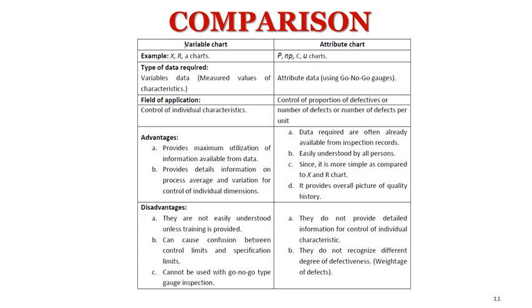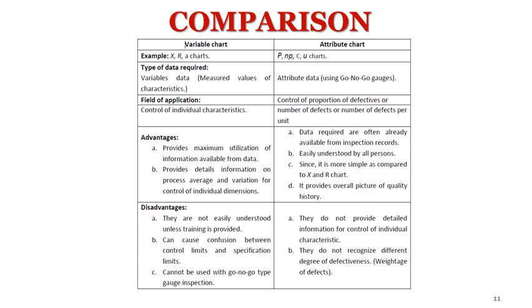If you want a comparison of control charts for variables and control charts for attributes: commonly used control charts for variables are the X chart and R chart. Examples for attribute charts are the C chart or P chart. The type of data required for variable charts is variable data, like length, height, diameter, etc. For attribute charts, it is attribute data like go, no go, defective or non-defective.